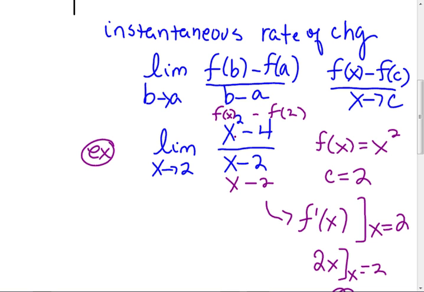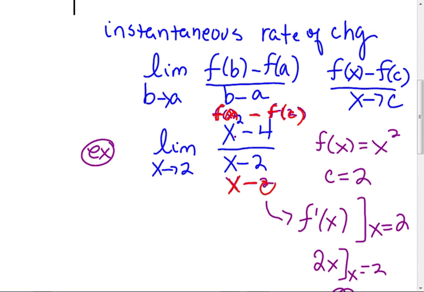Because if I don't recognize it's a derivative, I can use L'Hopital's rule. But if I recognize it, maybe I'd just rather use a derivative. Because this is f of x minus f of c all over x minus c. It's just the slope. That's the change in the y's over the change in the x's.